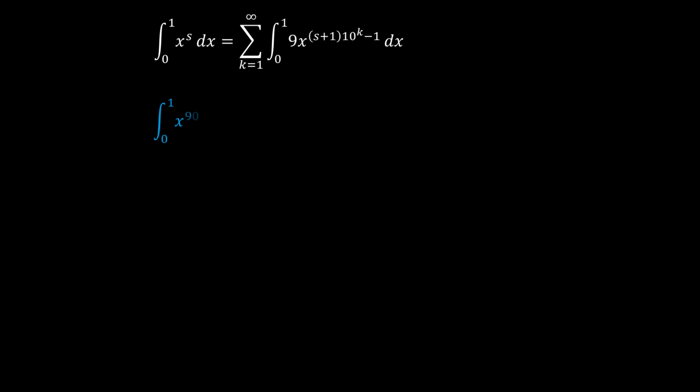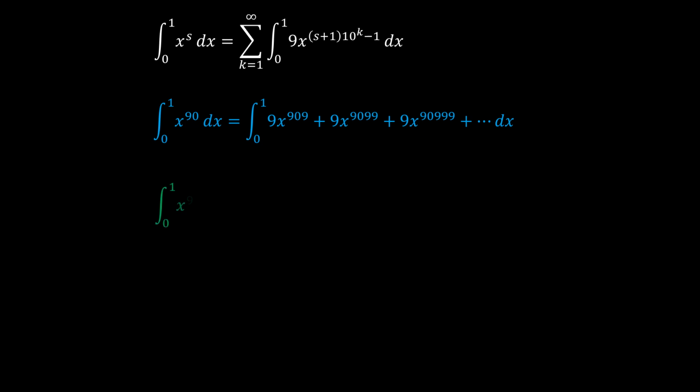So when we have such an integral, when we plug in, for example, s equals 90, when you integrate that, it's the same as the integral of 9 times x to the power 909 plus 9 times x to the power 9099 plus 9 times x to the power 90,999.